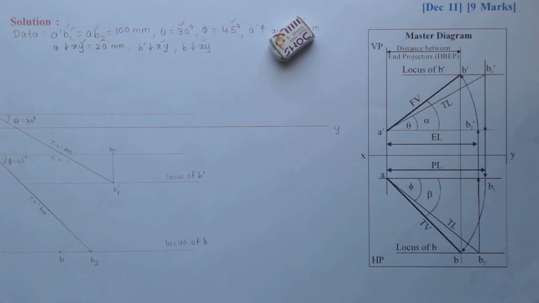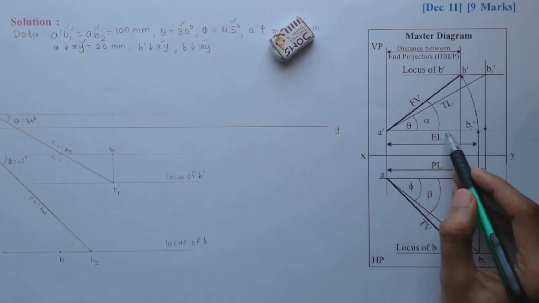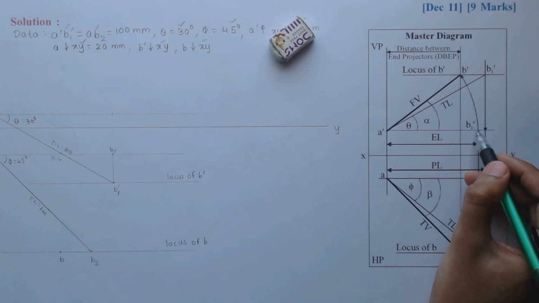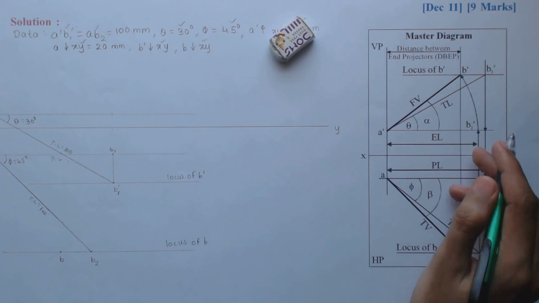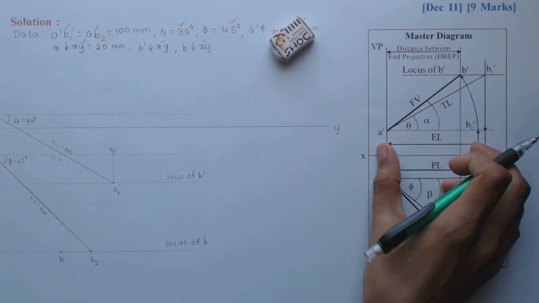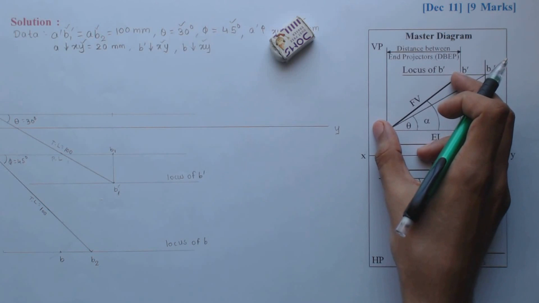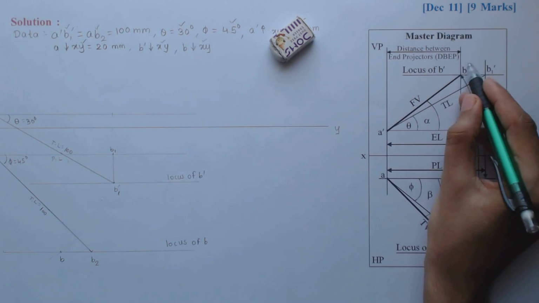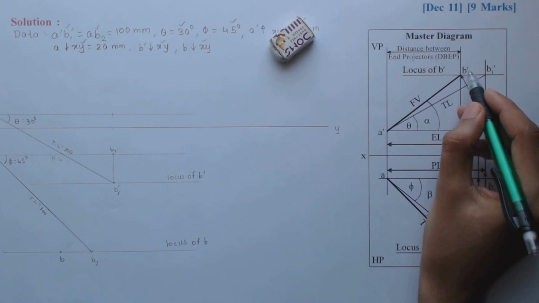Similarly, as we know, the vertical projector dropped from B2 up to the horizontal line through A dash will give me the point B2 dash, and this A dash B2 dash is nothing but the elevation length, which is equal to the front view, which will help me in getting the exact front view of the point B, which is B dash.